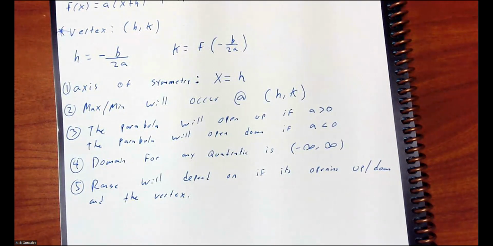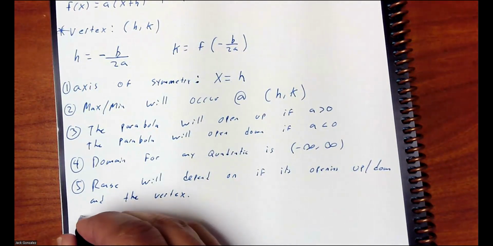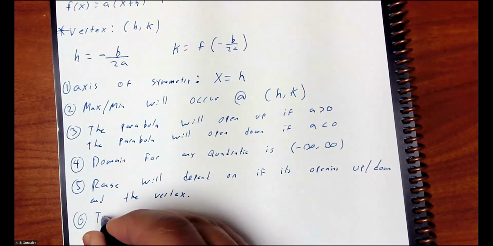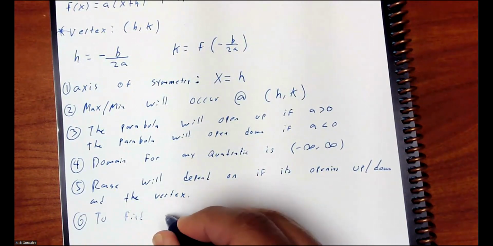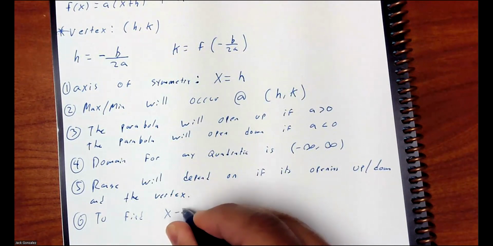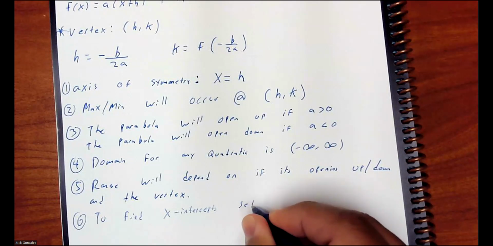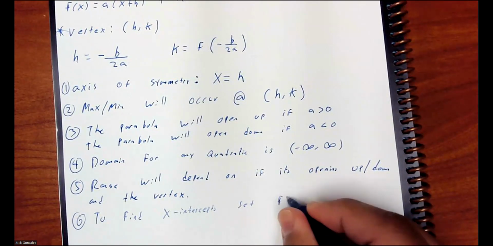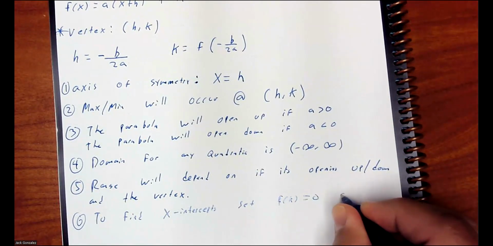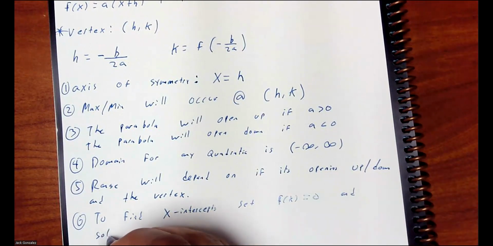Do you remember how to find intercepts? Maybe. I'll write the note just in case. To find x-intercepts, set f of x to 0 and solve for x.